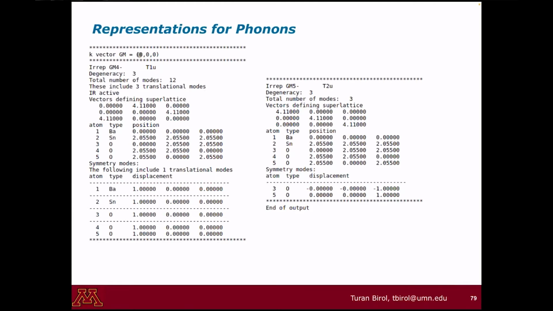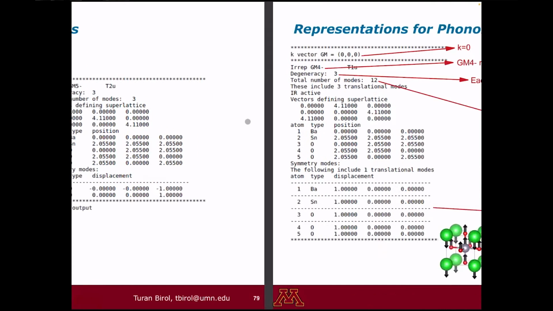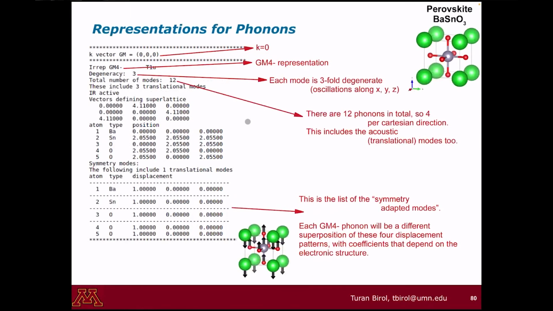So basically this says that at the k vector gamma, there's an irrep gamma 4 minus, and then there's an irrep gamma 5 minus, okay? And the left column is the information about the gamma 4 minus. So the name of the representation is given first. And again, there are 2 conventions actually.